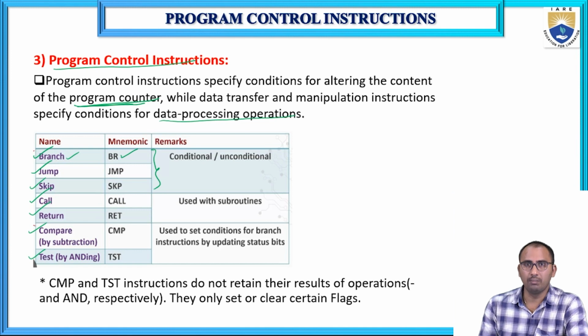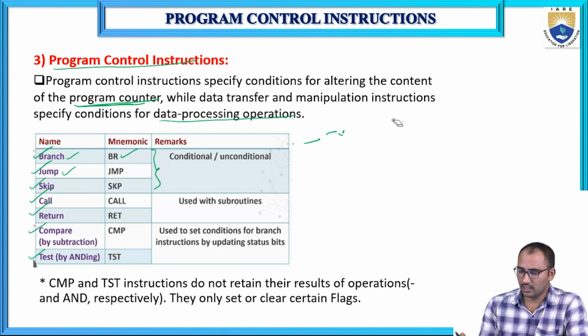And jumping also means we are jumping to the address which is specified in the address field of the instruction. Suppose you write jump 3000, that means whenever this instruction is executed, the program control will be transferred from this address to the 3000 address.